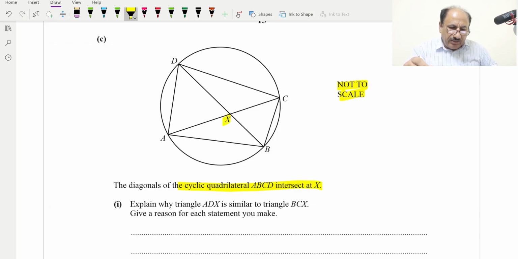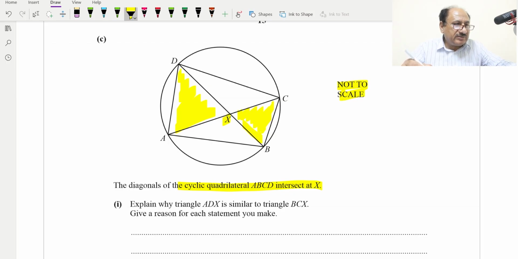Explain why triangle ADX is similar to the triangle BCX. They are saying these two triangles are similar to each other. Give a reason for each statement you make.